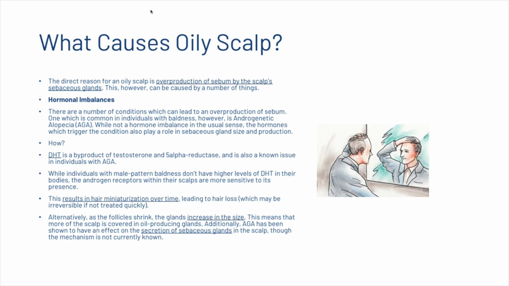This results in hair miniaturization over time, leading to hair loss. Alternatively, as the follicles shrink, the glands increase in size. This means that more of the scalp is covered in oil-producing glands. Additionally, androgenetic alopecia has been shown to have an effect on the secretion of sebaceous glands in the scalp, though the mechanism is not currently known.